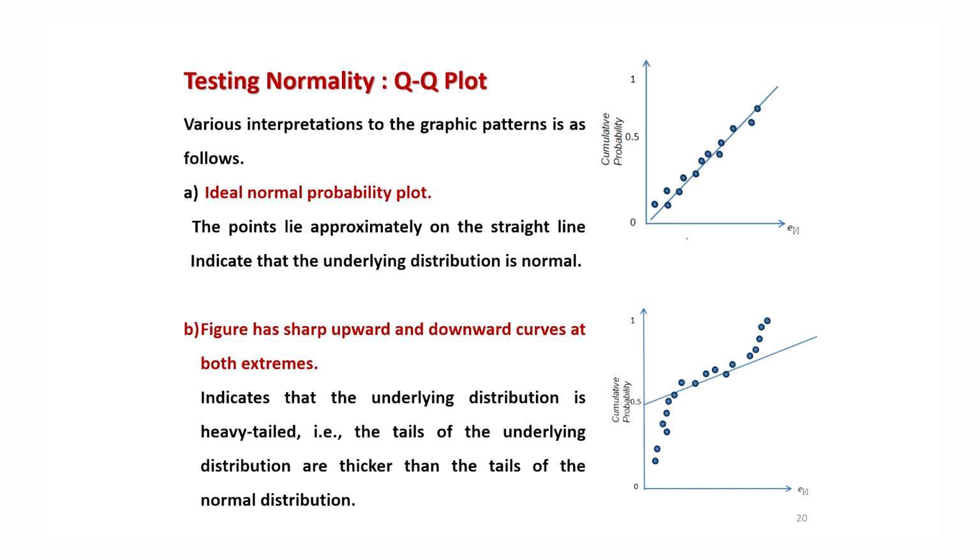On the x-axis I have taken the ordered residuals, and on the y-axis I have taken pi, which is the cumulative probability. You know that cumulative probability will always be between 0 and 1. Now there will be a line plotted, that is the straight line between the ordered residuals and the cumulative probability.